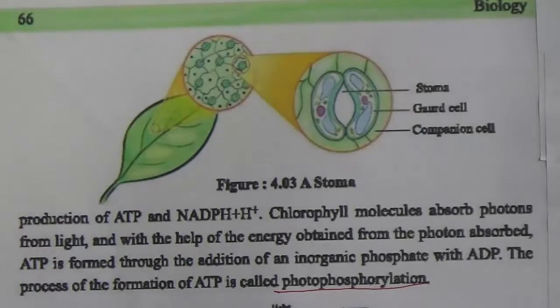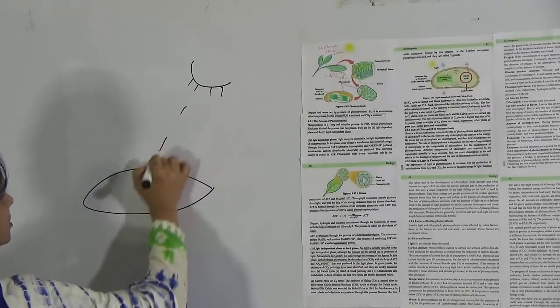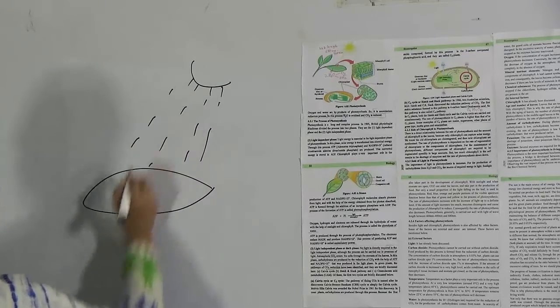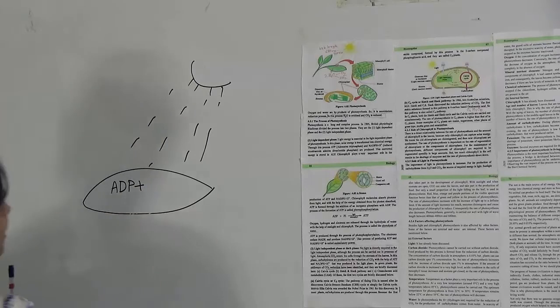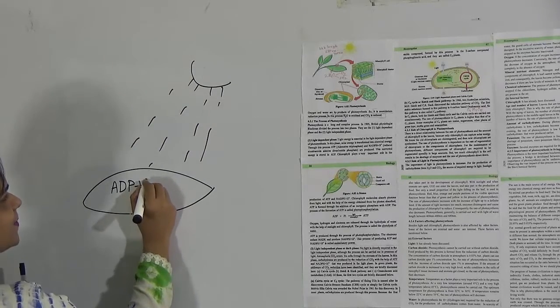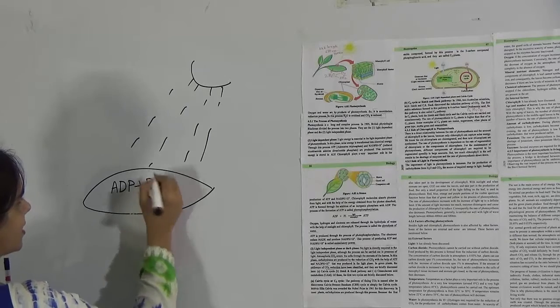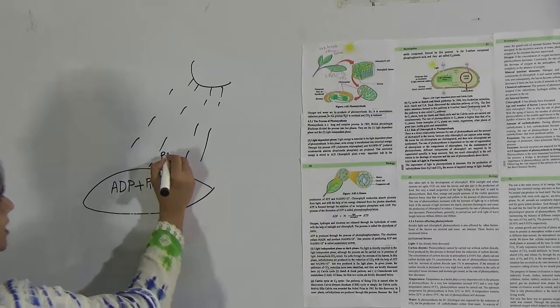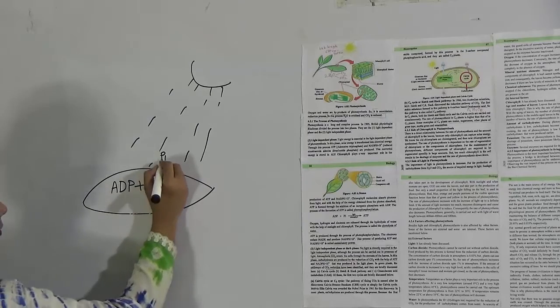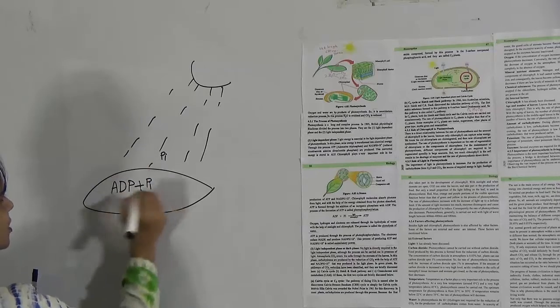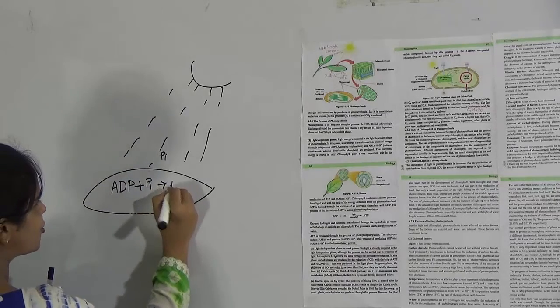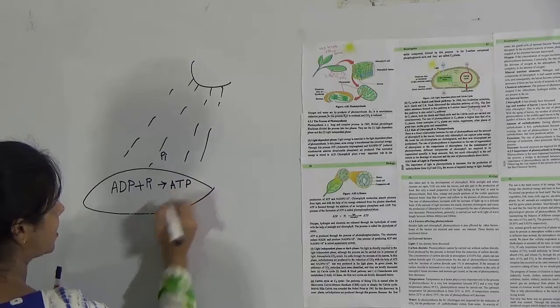First part in the light dependent phase: look, these are the leaves, and when sunlight falls on the leaf, the ADP that we already discussed, stored inside the leaf cells or inside the cell of the plant, absorbs the inorganic phosphate from the sunlight, and that ADP turns into ATP.